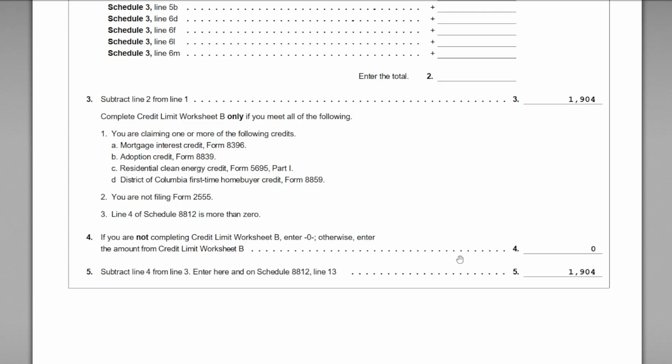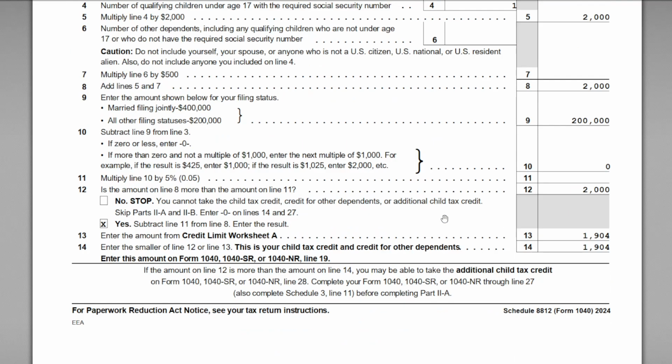So at the end of the day here, line 5, the credit limit amount is going to be $1,904. And so that's what's reported on the 8812 line 13. So the amount from the credit limit worksheet A is $1,904. Now, based on the credit limit amount, we can figure out how much our child tax credit is actually going to be.